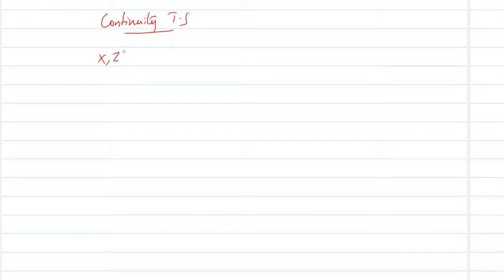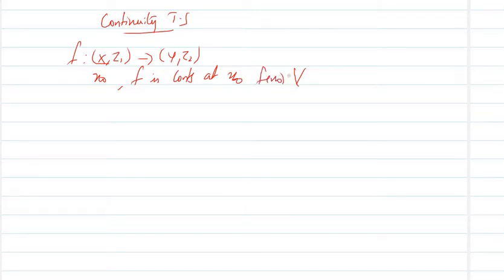Suppose there are two topological spaces (X, tau 1) and (Y, tau 2) and f is a map from X to Y, and let x naught be a point in X. We say that f is continuous at x naught if for every open set V containing f of x naught in Y, there exists an open set U in X such that f of U is contained in V.